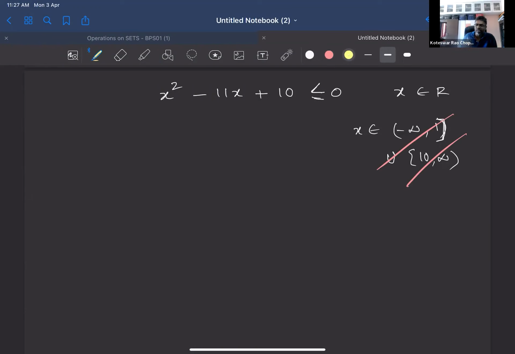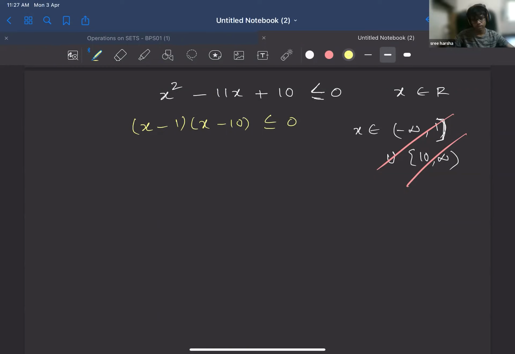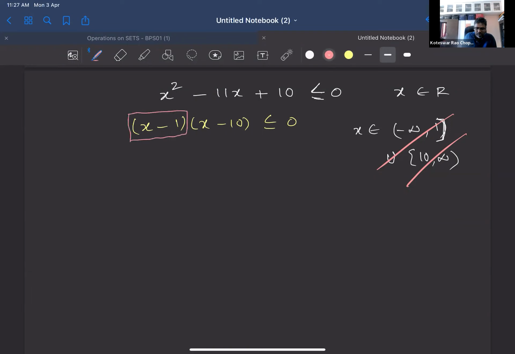You know that the factors are okay. So you have x minus 1 and x minus 10 is less than or equal to 0. Now you have a situation where the product of two quantities, A and B, is less than or equal to 0.